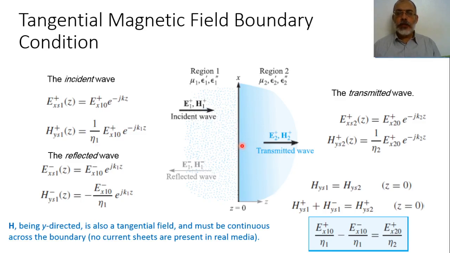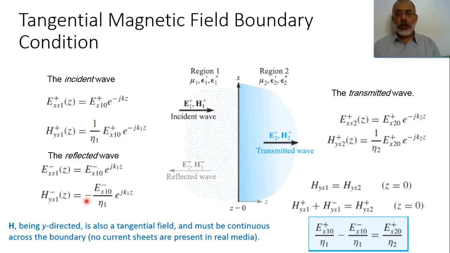And in this case, the tangential magnetic field at region 1 is composed of the magnetic field of the incident wave, because it is in the y direction, which is tangential to the interface, because the interface is the xy plane. So the incident magnetic field plus the reflected magnetic field, and it should be noted here the reflected magnetic field is in the opposite direction to the incident magnetic field.